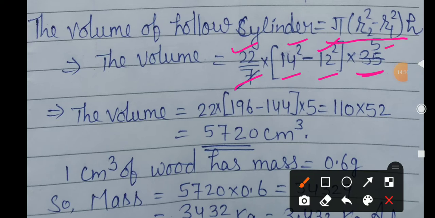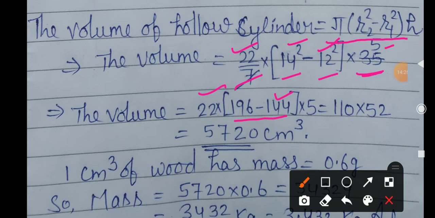So you get 22 into square of 14 is 196, and square of 12 is equal to 144, and you have to write here. So 22 into 196 minus 144 into 5.